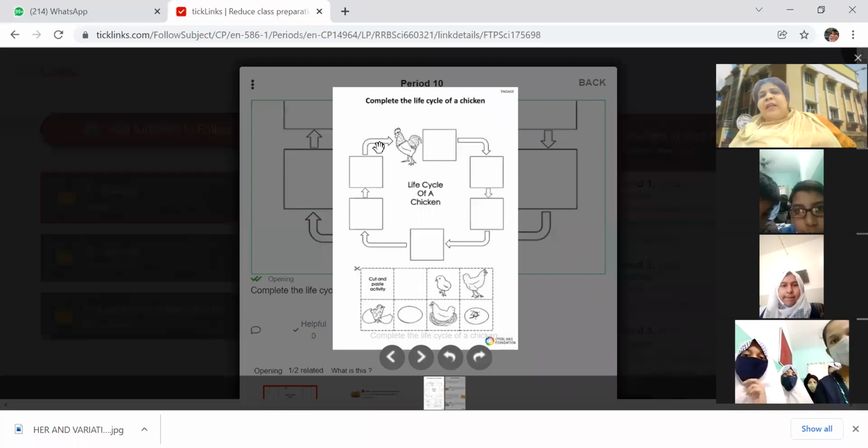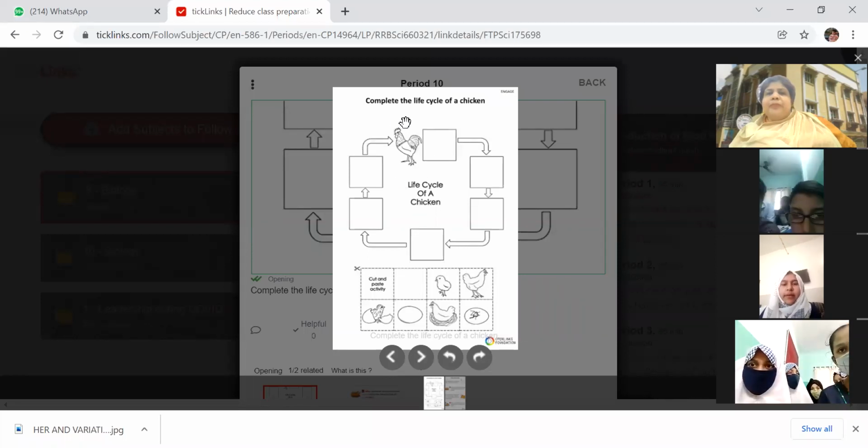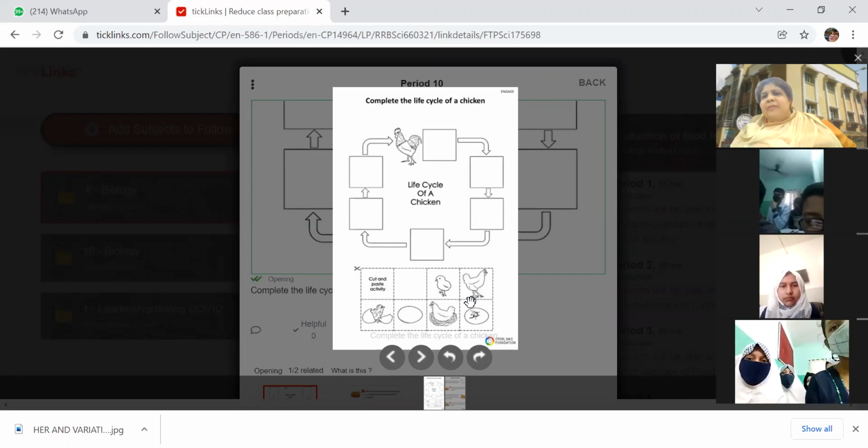And what do you see here? Which animal, bird, are you seeing here? Hen, ma'am. This is hen. Okay. Then what is this? What do you see here below? Are these both hen?